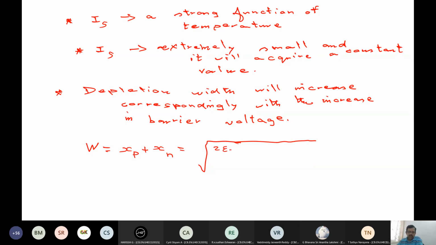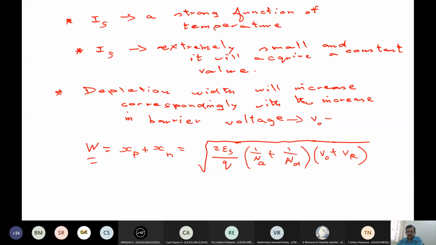So it is the square root of 2 epsilon s by Q, times 1 by Na plus 1 by Nd, times V naught plus VR. So definitely the depletion width will increase correspondingly with the increase in barrier voltage, which now becomes V naught plus VR.